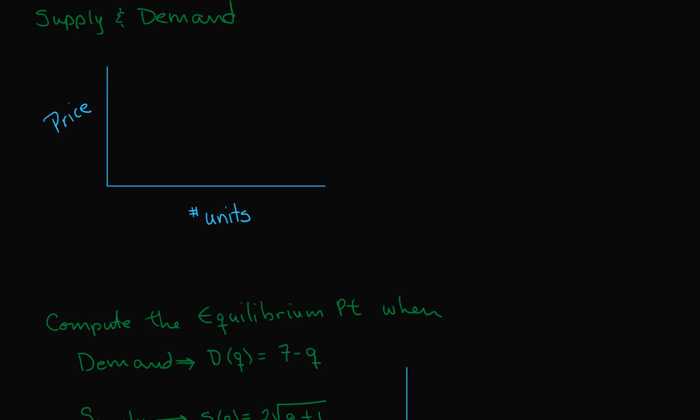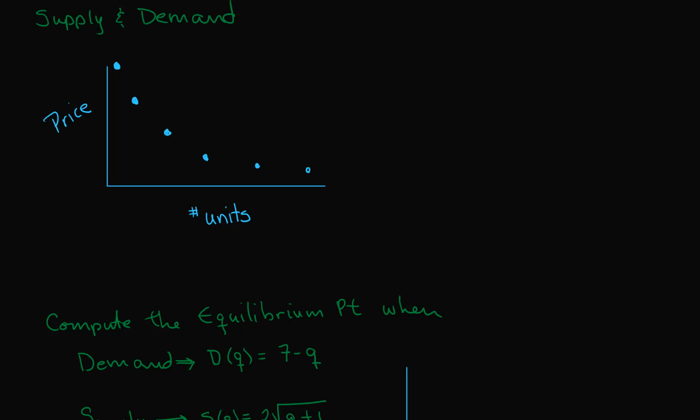And remember, the price is going to control the demand. And as the price goes higher, so as we get bigger numbers in price, the demand goes down. So when the price is way up here, you don't have very many sold. As the price starts to come down, more people are interested, and continuing to come down on the y-axis, more and more units, which are on the x-axis, are going to be sold.